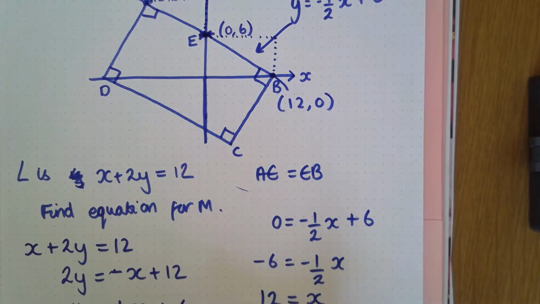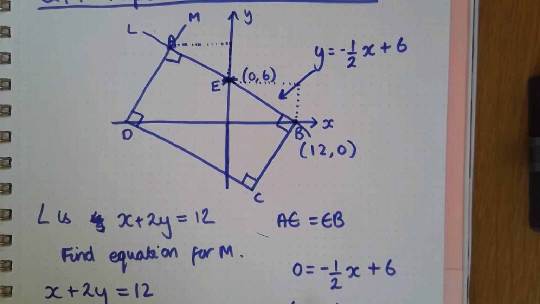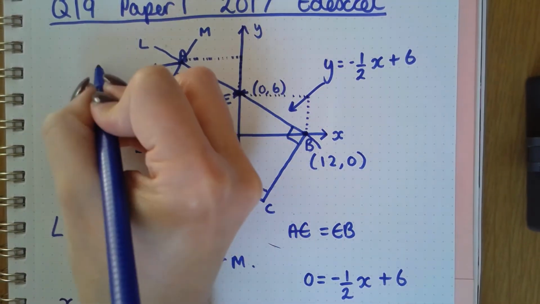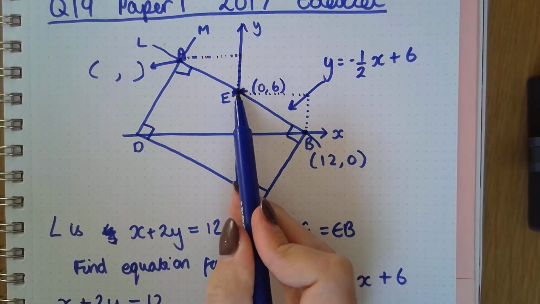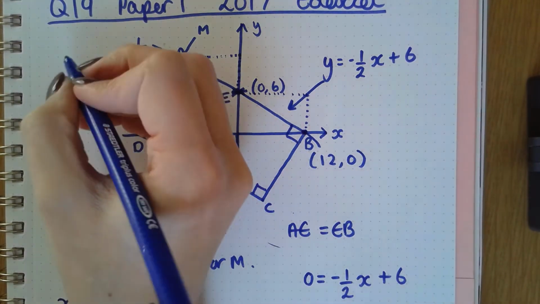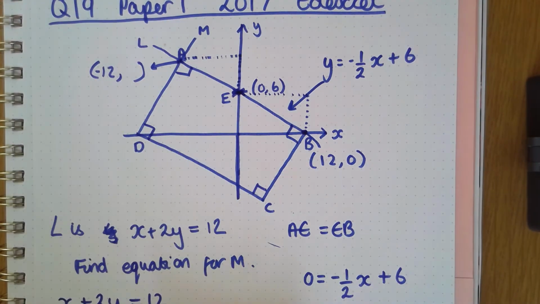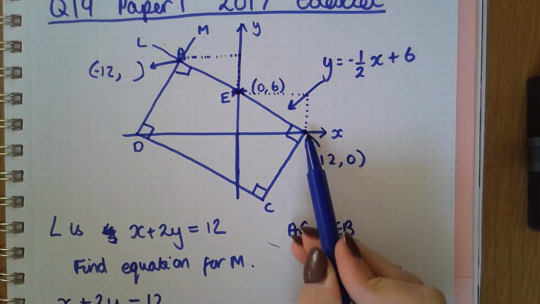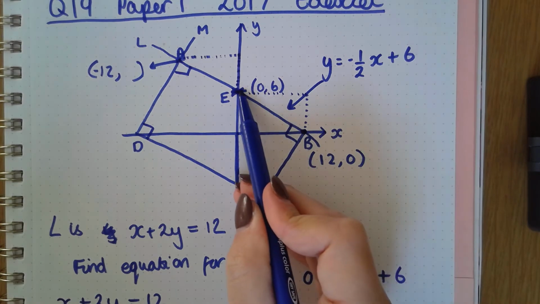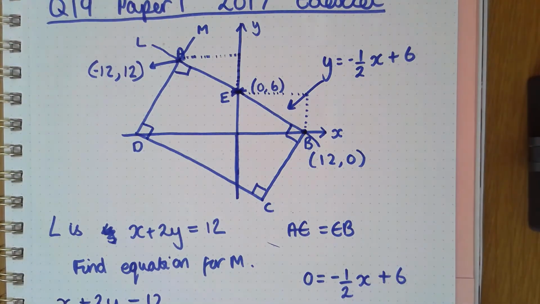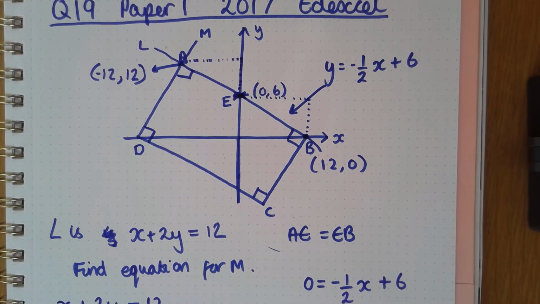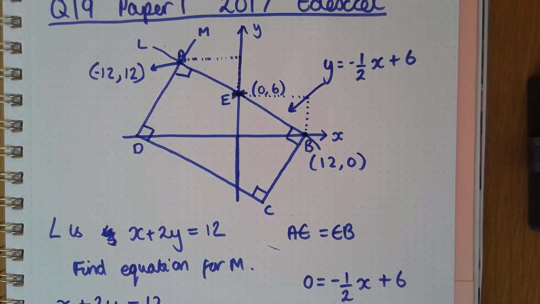So I can work out the coordinate of A. I was at 0, but I've now got to go 12 along, so I'm at minus 12 on the x coordinate. And I was at 6 for the y, I've gone up another 6, which is 12. So that A coordinate is minus 12, 12.